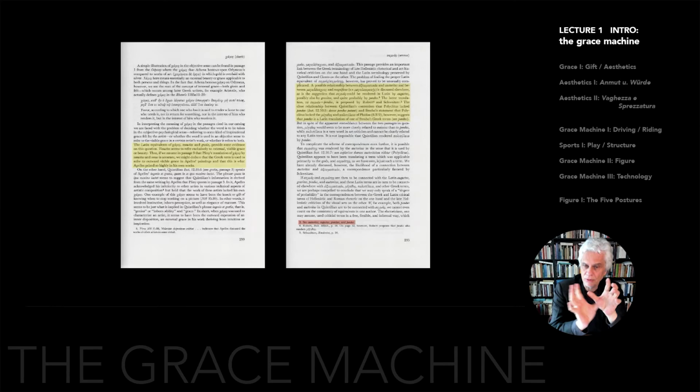This is a very, very old opposition. So in ancient Greece, it's charis and semnos. In Roman Latin, it became gratia or venustas, actually, as opposed to gravitas. And then, of course, grace and gravity.